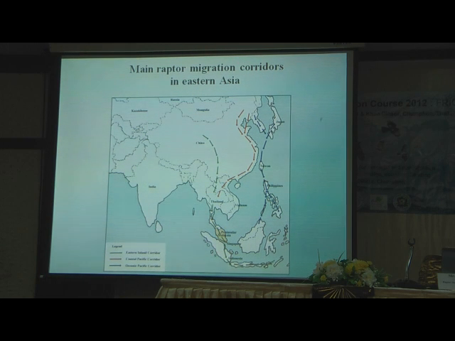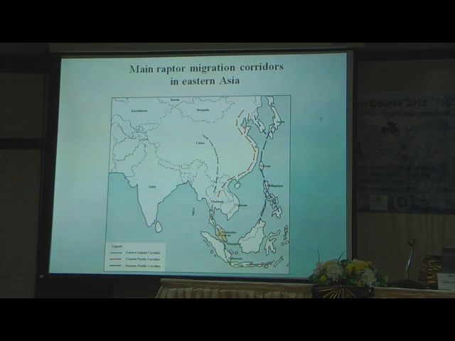So you get the oceanic Pacific route, which involves many islands. They basically island hop from islands to islands, Japan, Taiwan, Philippines, and so on.